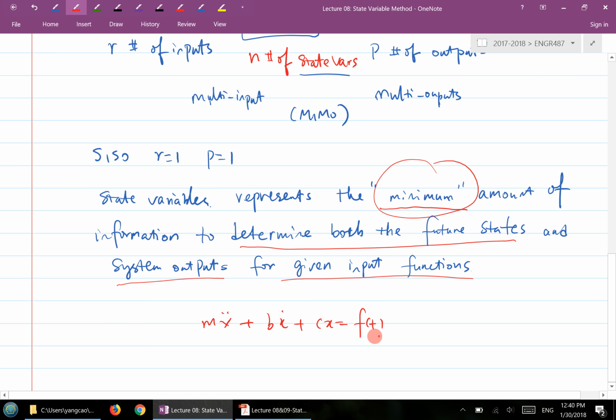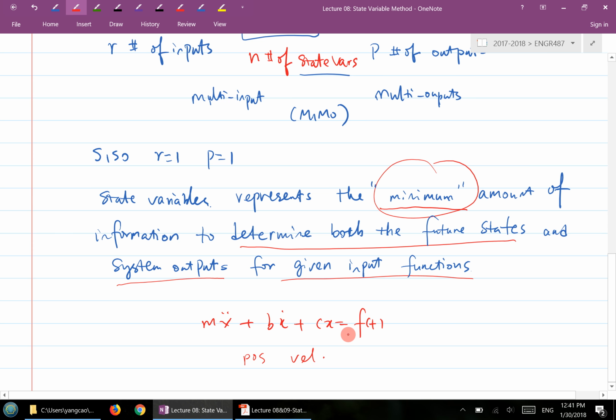If you want to use a state space model to describe this system, we have to pick the so-called minimum amount. Here, one is position and the other is velocity. These two constitute the minimum, and you don't need any more. If it's less than that, then you can't describe the system. So these two together are enough to describe the system.